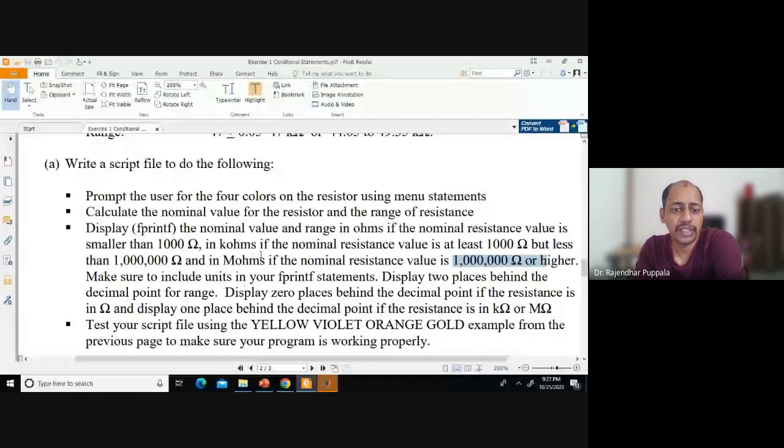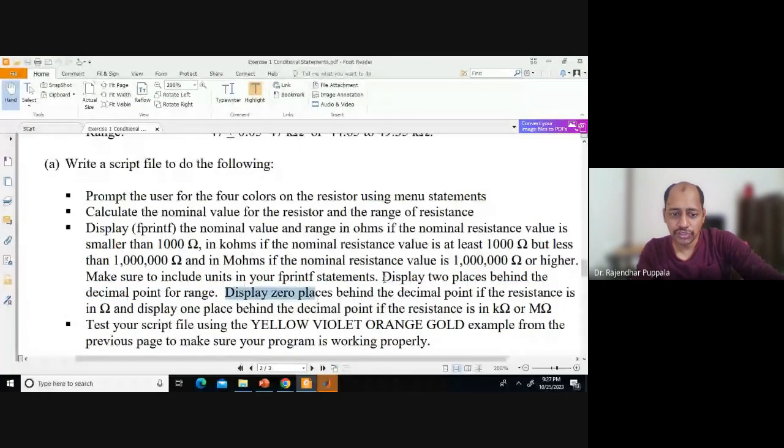So this is the command given. And make sure to include units in your fprintf statements. What are the units here? Ohms, kilo ohms, mega ohms, we have to put in the fprintf statement. Display 2 places behind the decimal point for range. Two places means if you are getting 50 point some 23, after the decimal you have to mention two places, and display zero places.